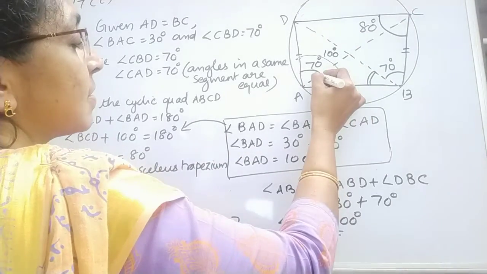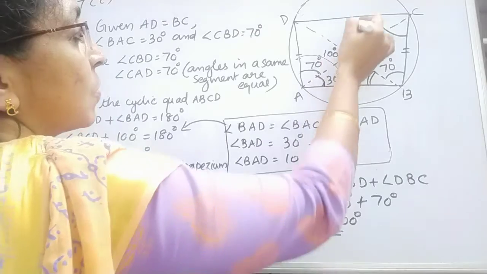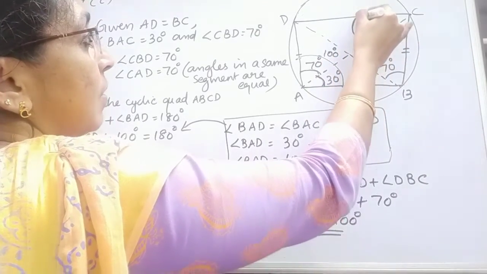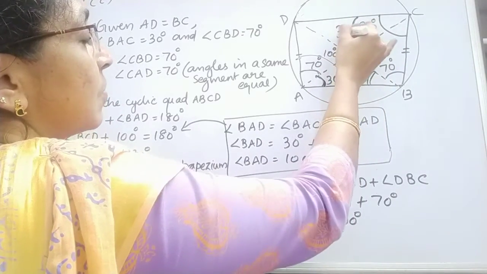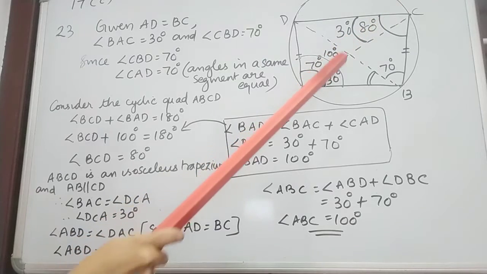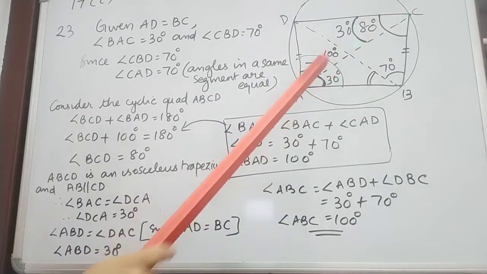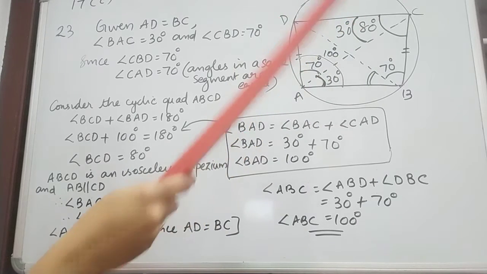BAC we got as 30 degree will be equal to DCA. Since AB is parallel to DC, alternate angles, BAC, that is 30 degree, will be equal to DCA, so that will be 30 degree.